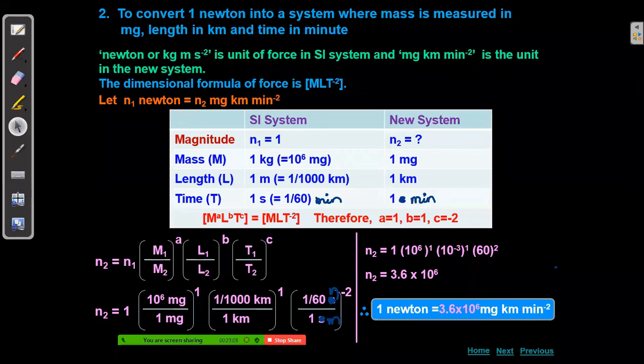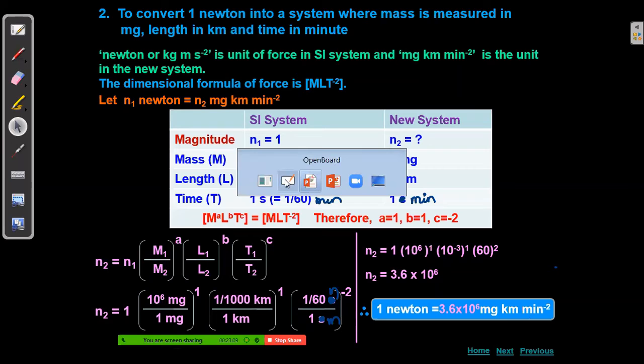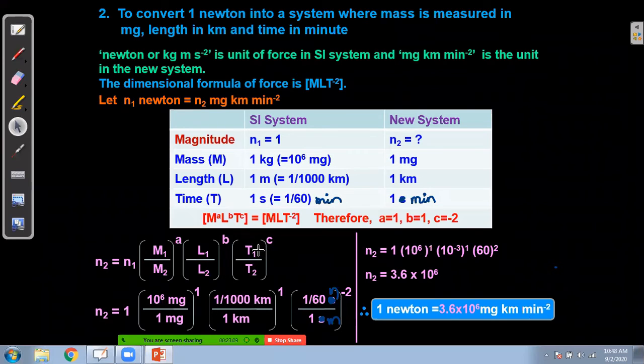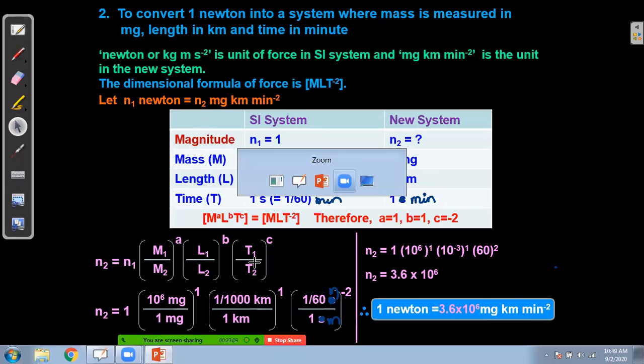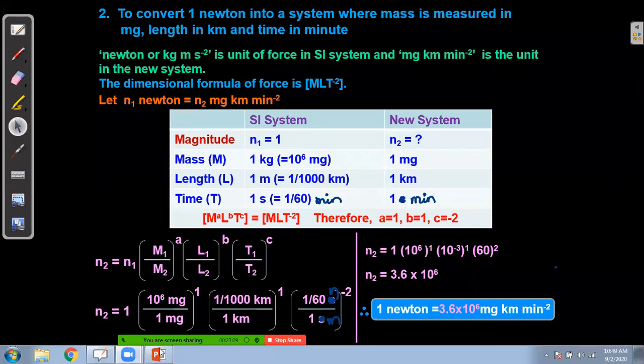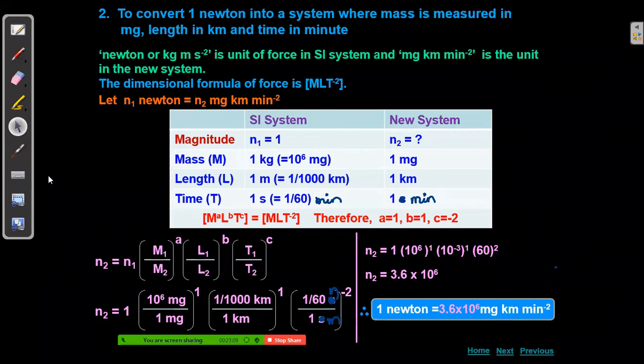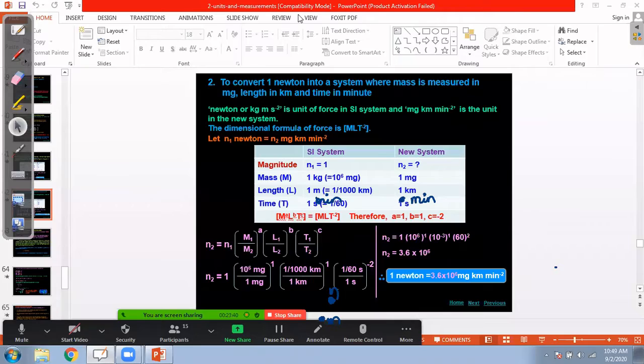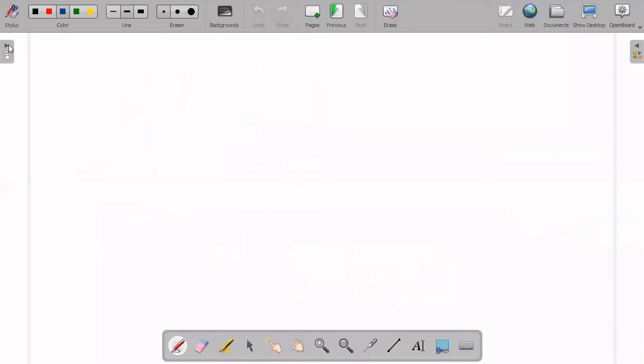Just hold on 1 second. I'll go with a fresh page. Just hold on. I'll take a fresh page over here. The same problem we will solve.